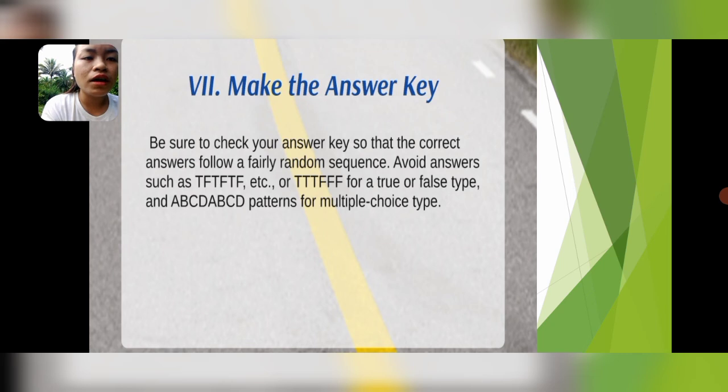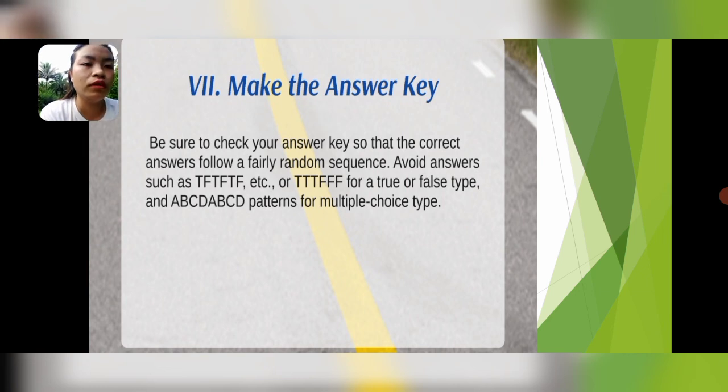Seven, make the answer keys. Be sure to check your answer key so that the correct answers follow a fairly random sequence. Avoid answers such as TF, TF, TF, etc., or TTF, TTF, FF for a true or false type, and ABCD patterns for multiple choice.